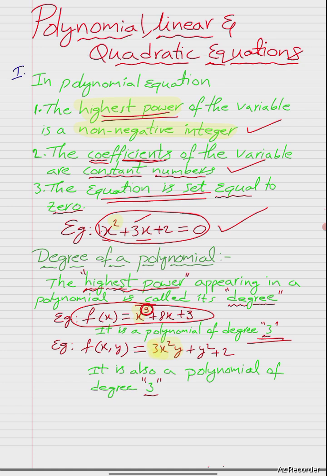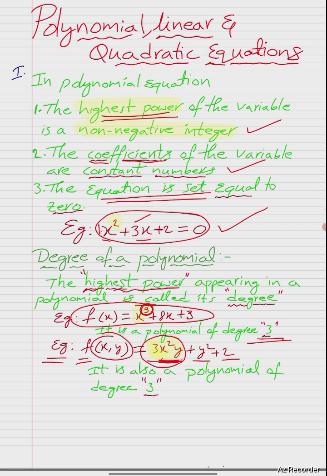Okay. So I have provided one more example here. Here the function is based on two variables x and y. So this function is f of x comma y is equal to 3x square y plus y square plus 2. So look at this term here, 3x square y. Here both variables x and y are part of the same term.